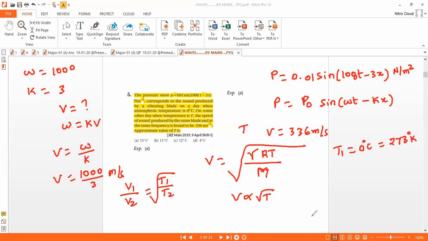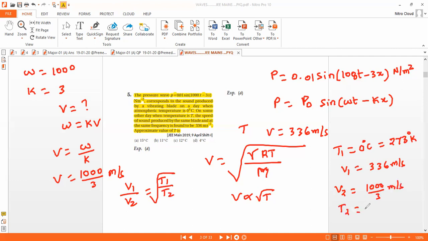V1 is 336 meter per second. V2 is 100 by 3 meter per second.